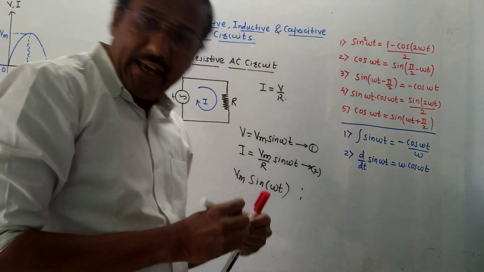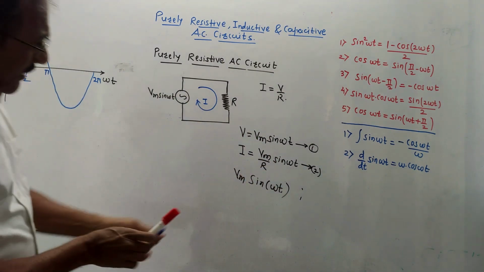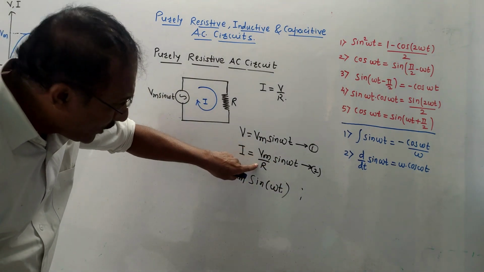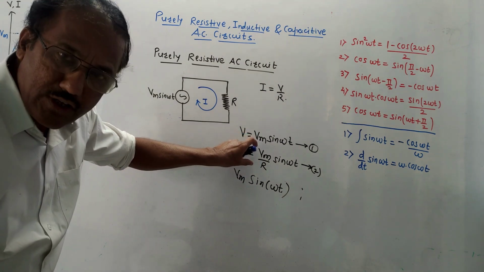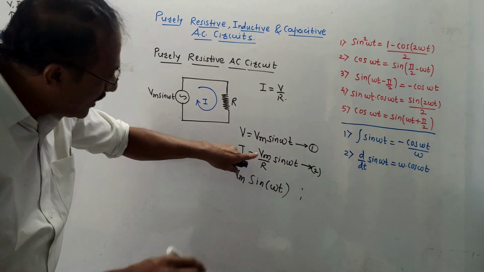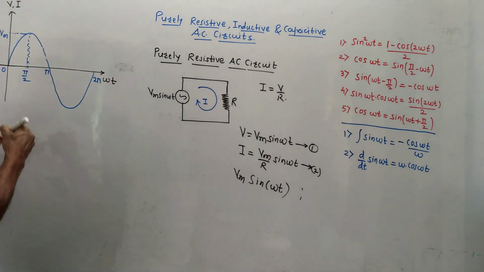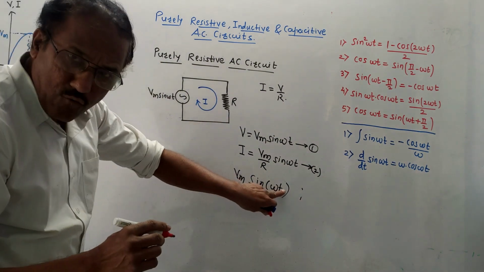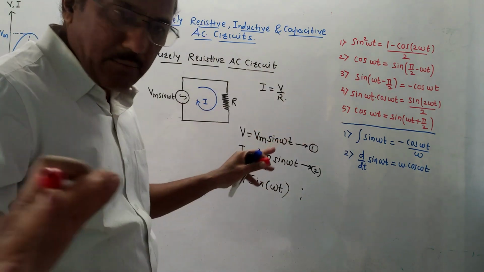Now in the same diagram, I have to draw the current waveform. How to draw it? See, current is basically Vm upon R. It is divided by some value of resistance. So the value of Vm, since it is getting divided by a constant value of resistance, will be reduced, and it is a sine wave. Since there is no phase shift, there is no phi term in this case. Remember it like this: in case of resistor, there is no concept of phase shift.